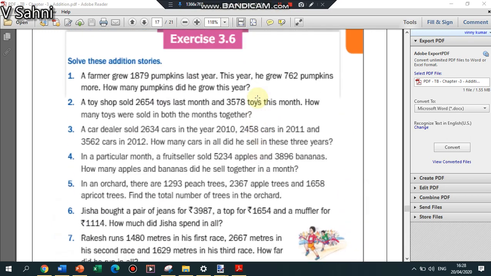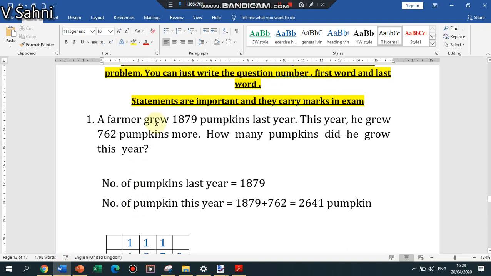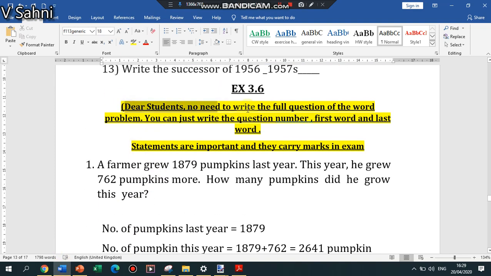All right, so now in exercise 3.6 we are going to start with the word problems. This is the first time that students are going to do word problems. The first point I would like to tell you is that when you're writing a question in the notebook, you don't need to write the entire question. Like I have written here, dear students, no need to write the full question of the word problem.